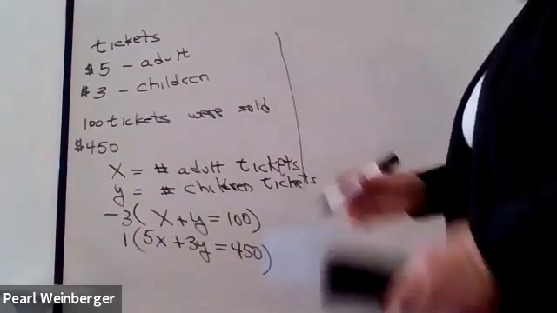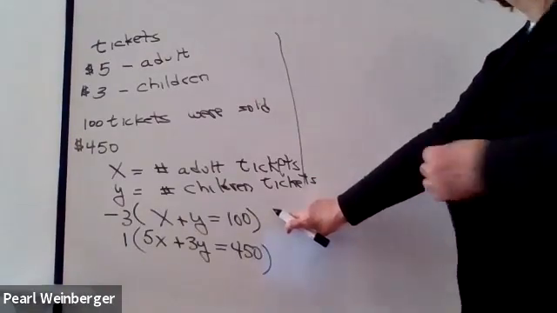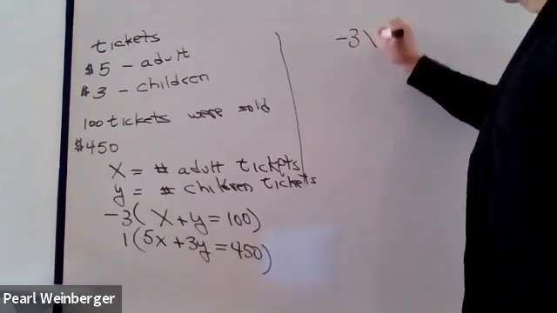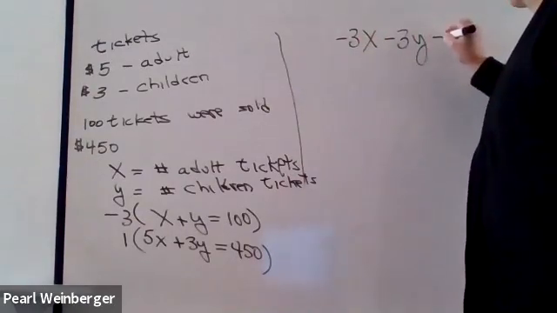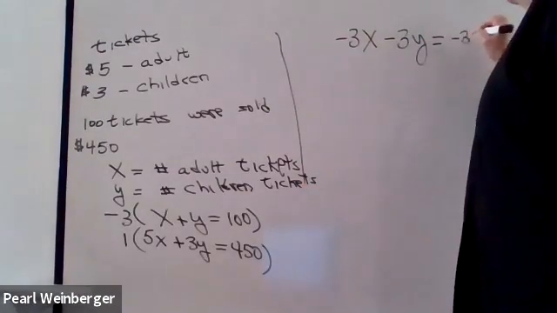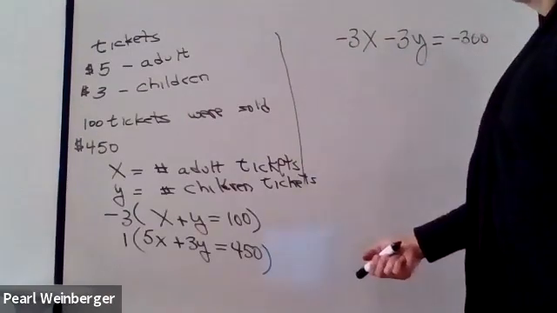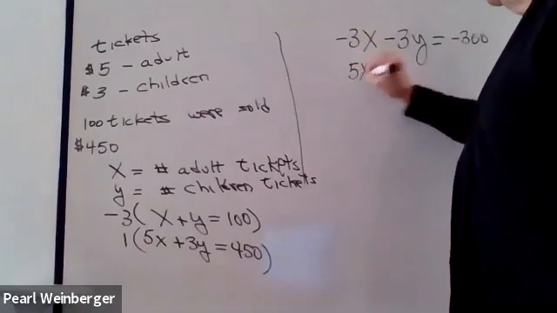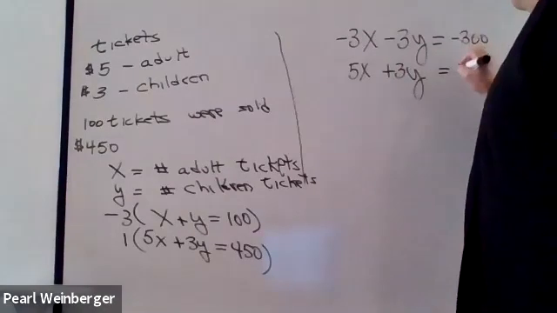Okay, so going on, taking the first equation and multiplying it by negative 3 will give me negative 3x minus 3y equals negative 3 times 100, which is negative 300. Multiplying the second equation by 1 just leaves everything the same: 5x plus 3y equals 450.